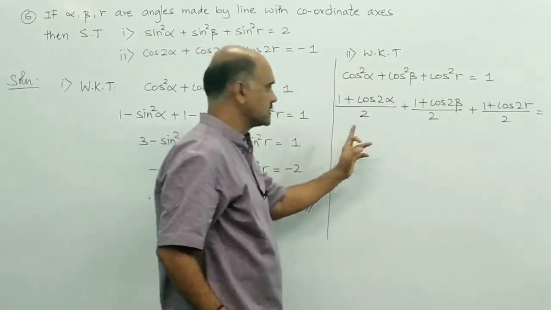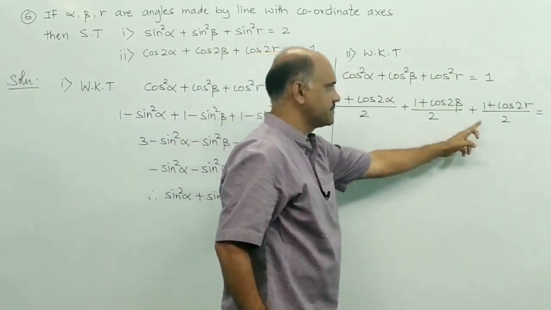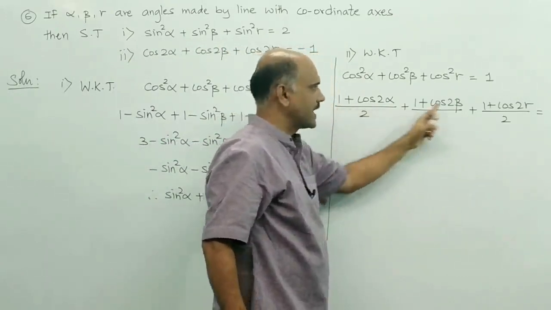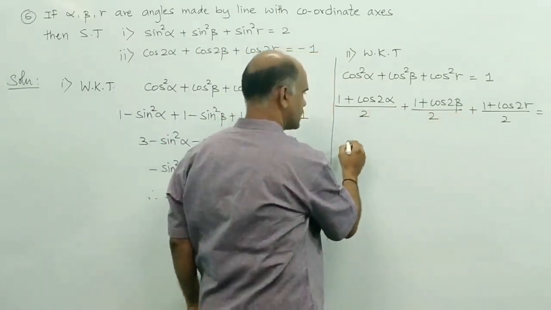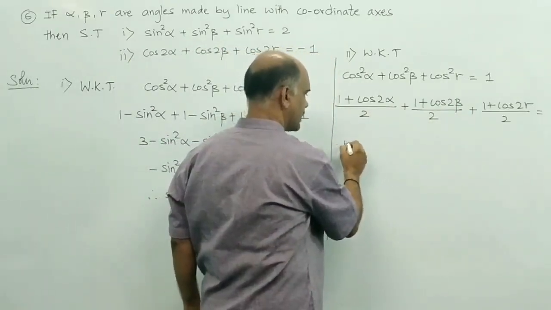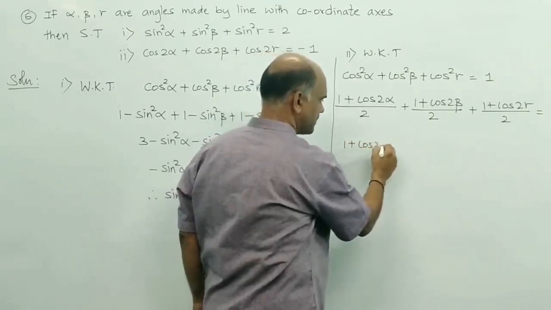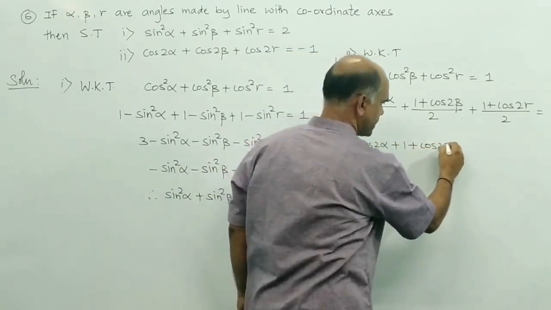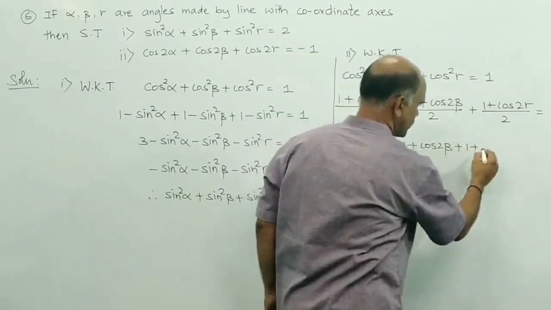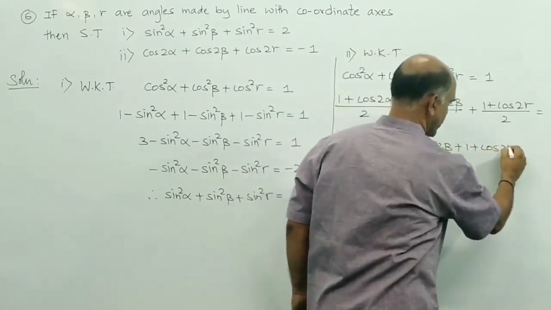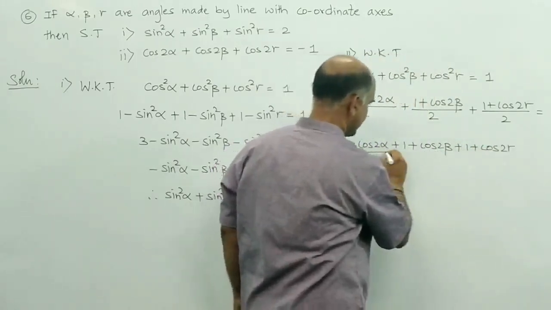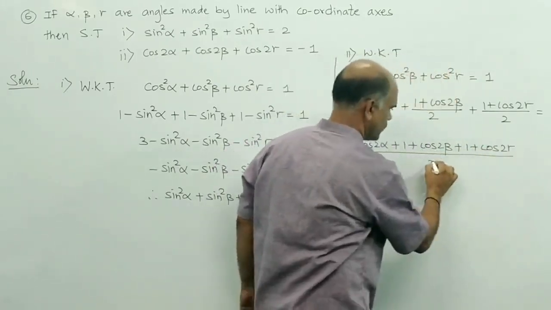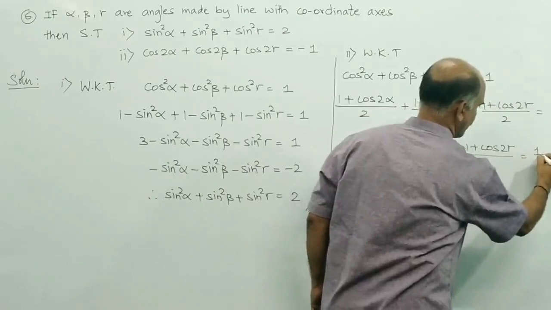Now throughout the denominator is the same, so I can add all the terms in the numerator. So I will write another step: (1 plus cos 2 alpha) plus (1 plus cos 2 beta) plus (1 plus cos 2 gamma), whole divided by 2, is equal to 1.